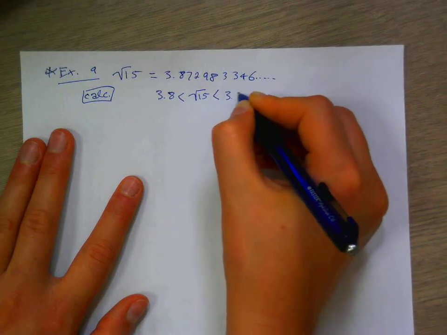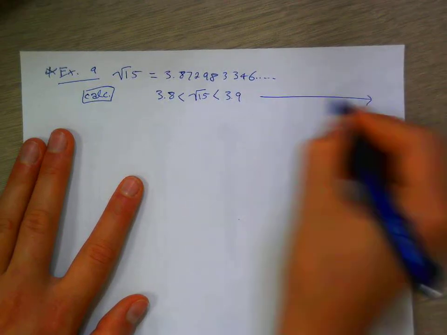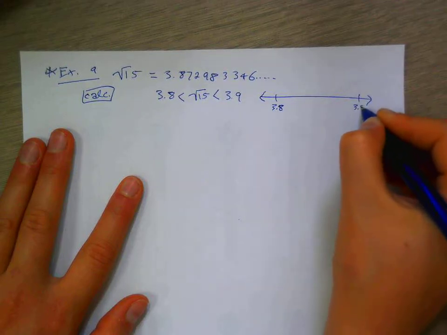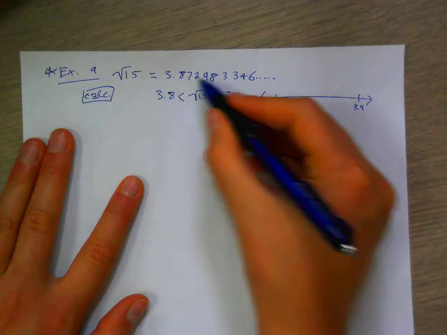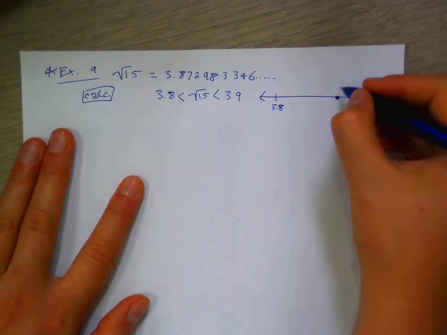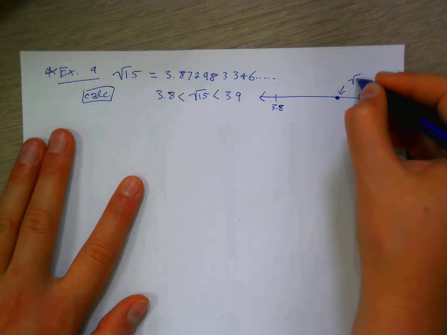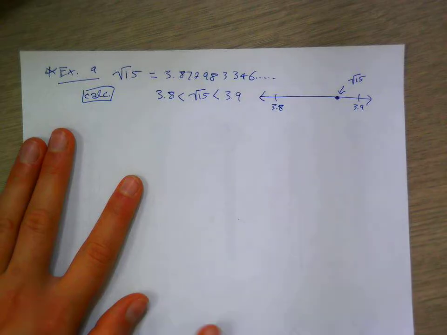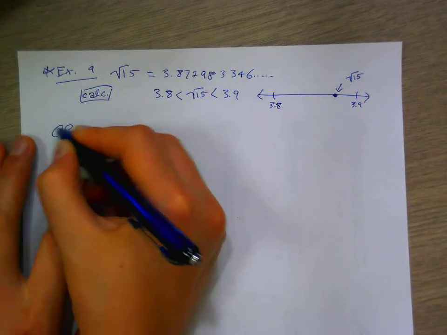So let's graph that on a number line. 3.8, 3.9. And it's going to be a little bit closer to 3.9 because there's 8.7 there. We can label this as the square root of 15 here. Okay, go ahead and try guided practice 1.